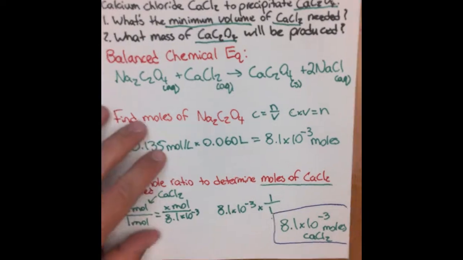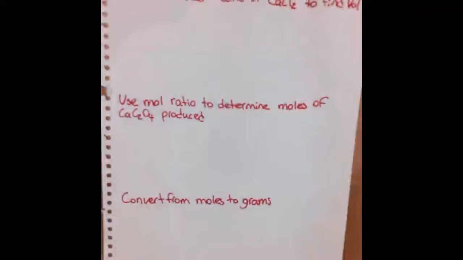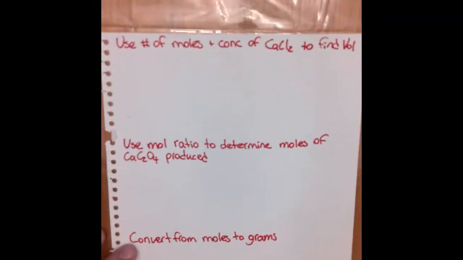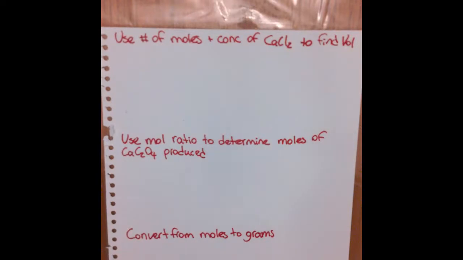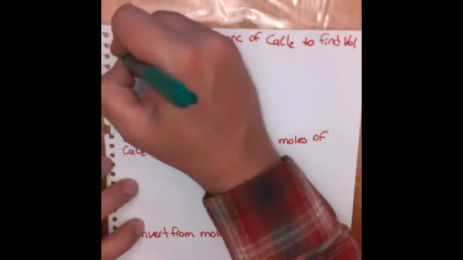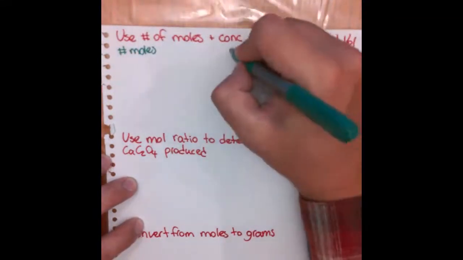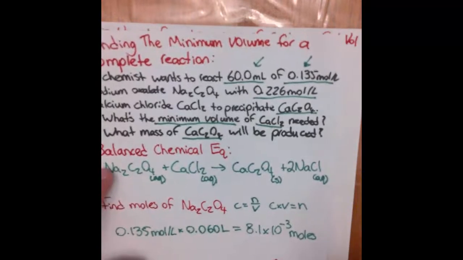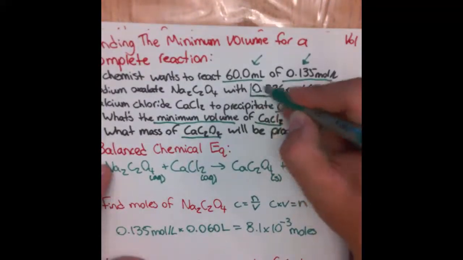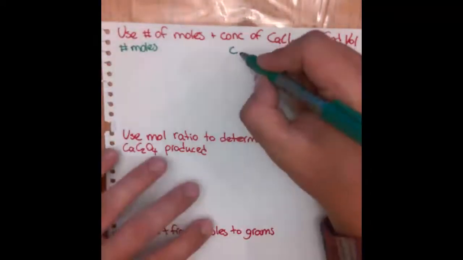So using that value there, we can move on to the next step, which is using our number of moles and our concentration of CaCl2. If we go back to our question, we found that our concentration is 0.266 moles per liter, so I can sub that in here.